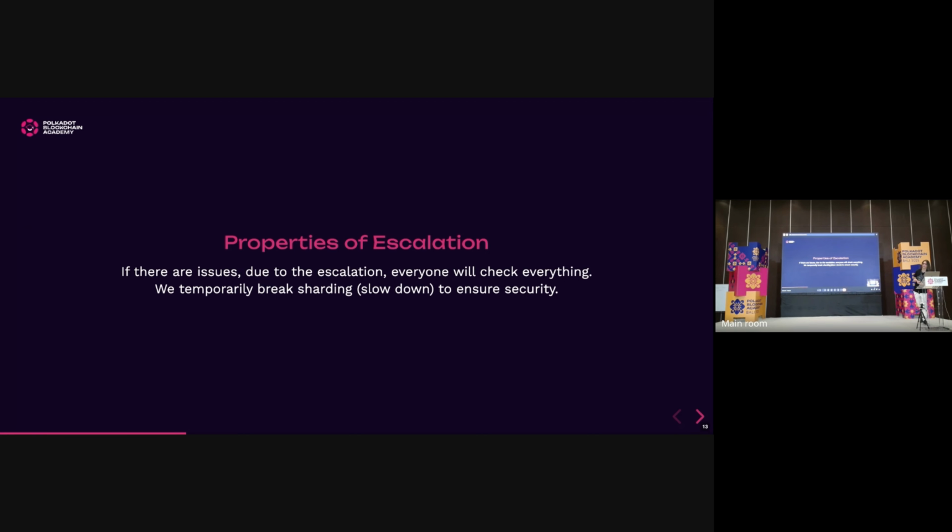So if there are issues due to an escalation, everyone will come in and actually do the checking. In this case, this means that we temporarily break the sharding. The sharding, the execution sharding, is only there in the optimistic happy path. If there is something suspicious detected, if there is some computation that is potentially fraudulent, then we raise an escalation, we break the sharding, and this is because security is paramount.